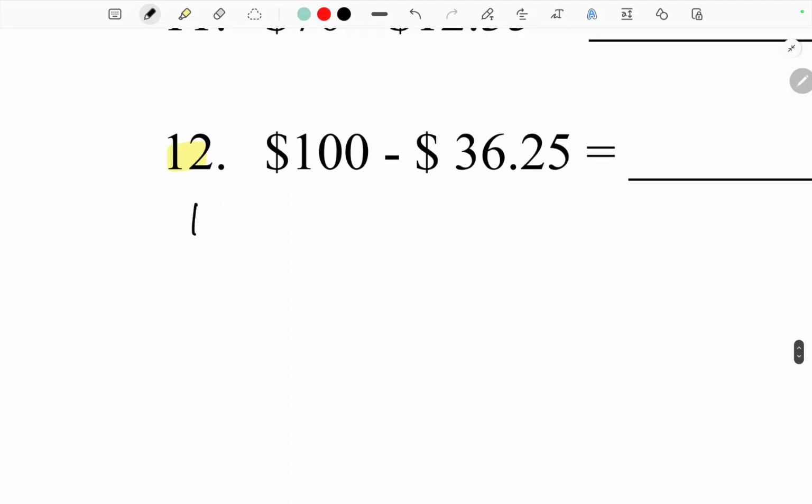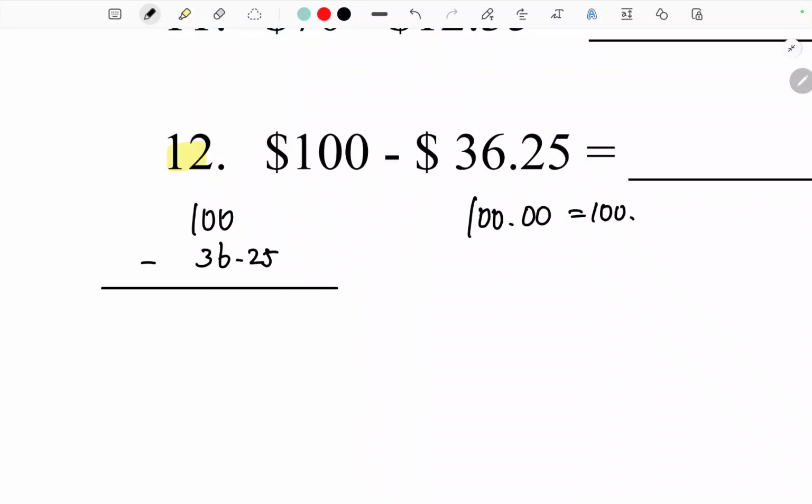Number 12. 100 subtracted by 36.25. And notice that 100 doesn't have a decimal point, but the thing is 100.00 is equal to 100. And similarly, 100.0 is equal to 100.